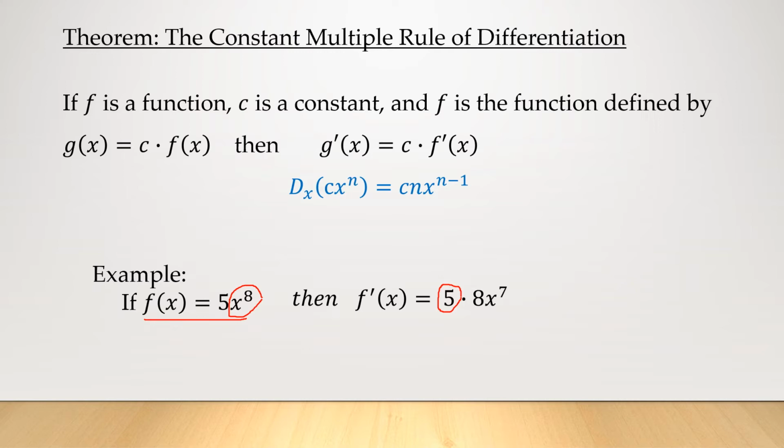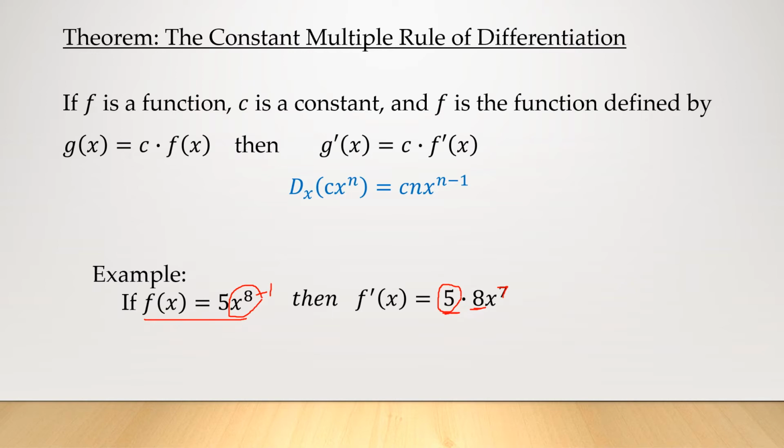The exponent 8 becomes the numerical coefficient, and then we subtract 1 from the exponent 8, so it becomes 7.